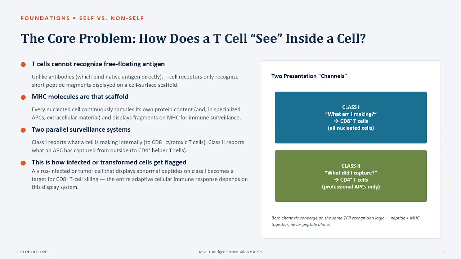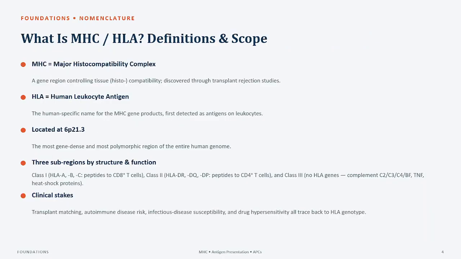The entire adaptive cellular immune response depends on the display system. So class 1 says, what am I making? That's for CD8 plus T cells, on all nucleated cells. Class 2 reports what did I capture? That's for CD4 plus T cells, on professional APCs.